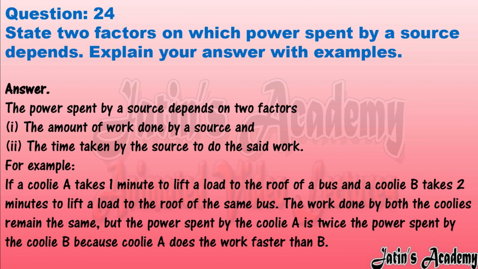For example, if a coolie A takes 1 minute to lift a load to the roof of a bus and a coolie B takes 2 minutes to lift a load to the roof of the same bus, the work done by both the coolies remains the same, but the power spent by coolie A is twice the power spent by coolie B because coolie A does the work faster than B.